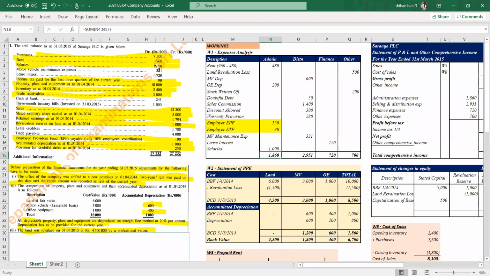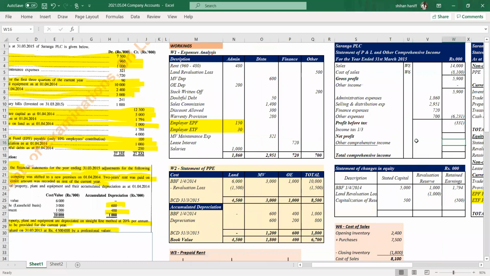Salaries 1,000. Realistic. So there is a loss.